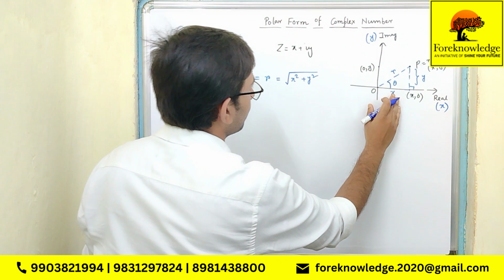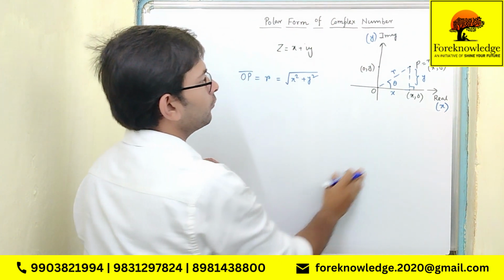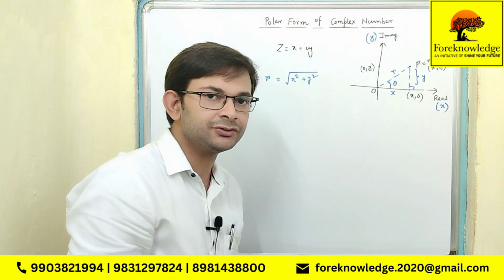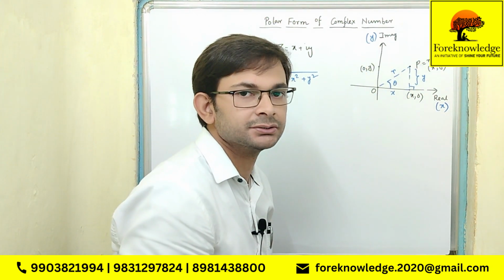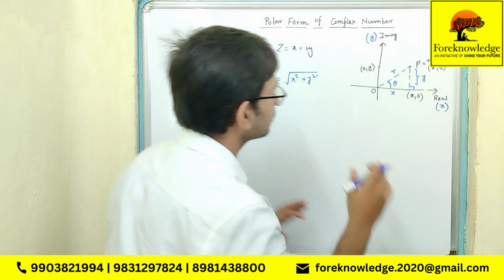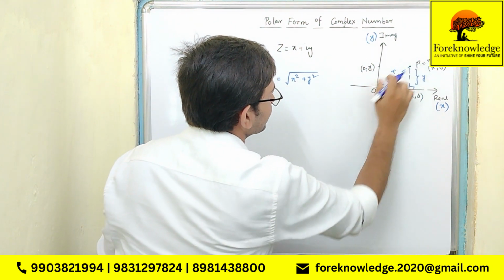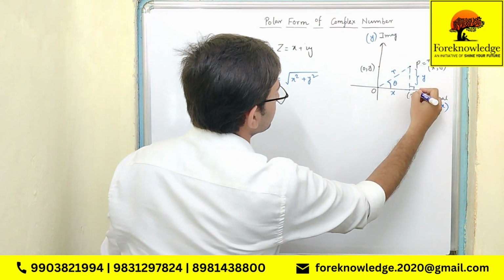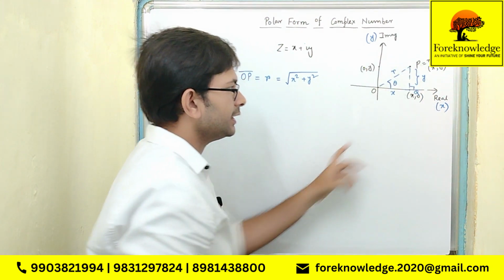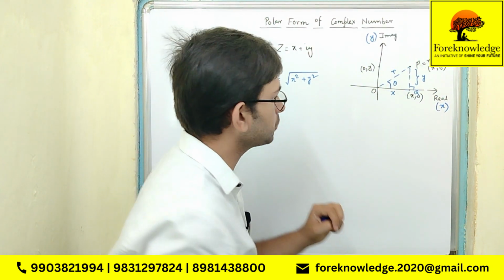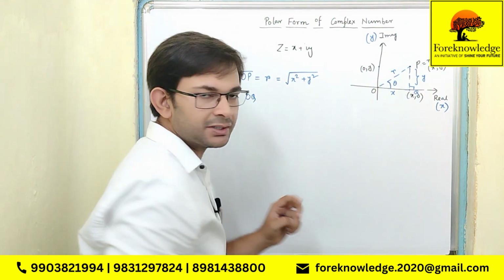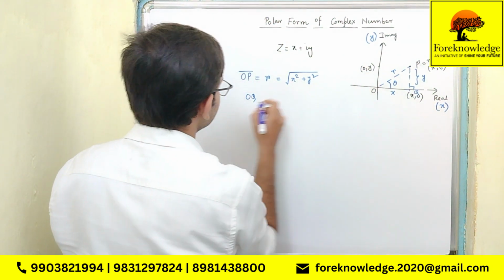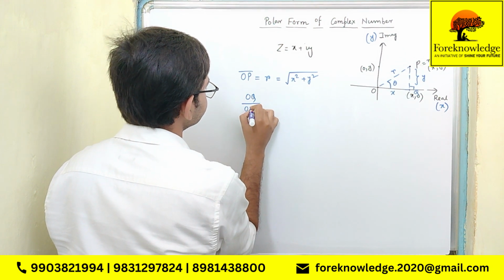So what if we try to introduce the trigonometric ratios in this format? How? Look, in this right angle triangle POQ, suppose this point is Q. Consider OQ, which is nothing but the base of the triangle, and divide it by OP.